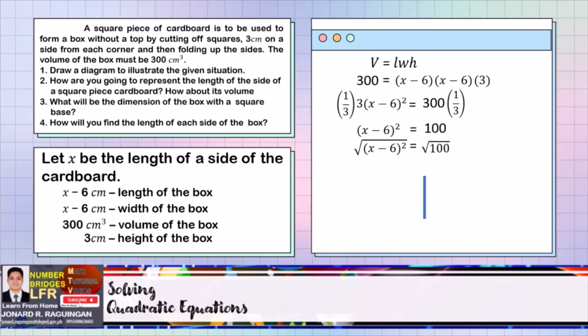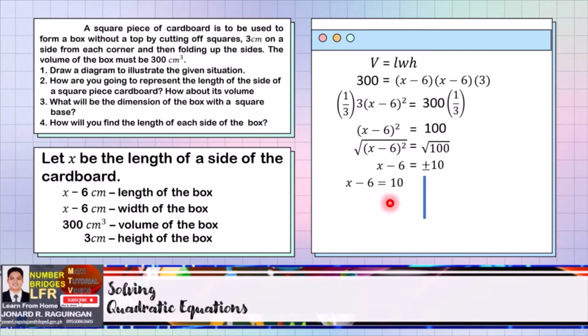Then, the square root of the quantity (x minus 6) raised to 2 is x minus 6, which is equal to the square root of 100, positive or negative 10. Then, to get the values of x, we need to simplify this expression. So we have x minus 6 is equal to 10.